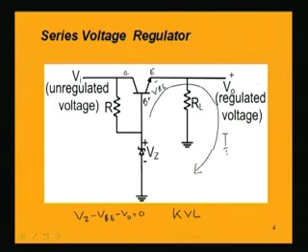So if V naught now increases, what will happen is that if we look into this VBE, which is nothing but Vz minus V naught. Now Vz is the Zener voltage, it is constant at the value of the Zener voltage. So what will be varying if V naught varies? From this equation it is clear that VBE, base to emitter voltage of the transistor, will vary.